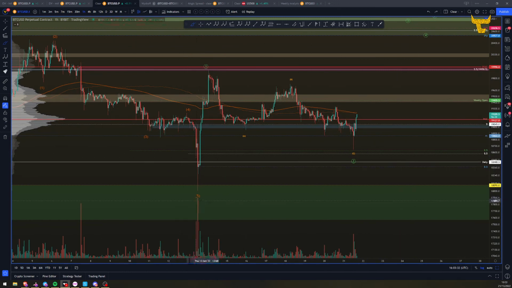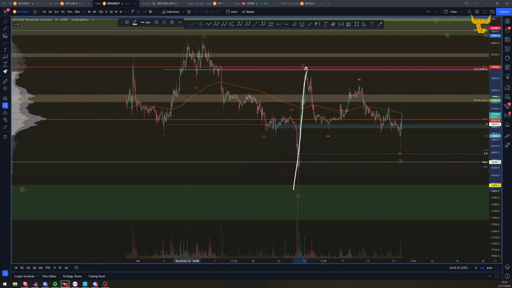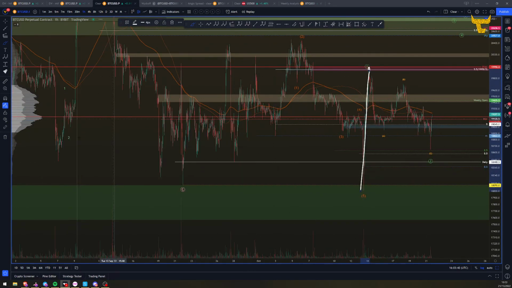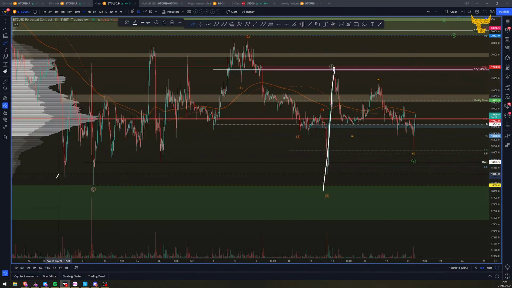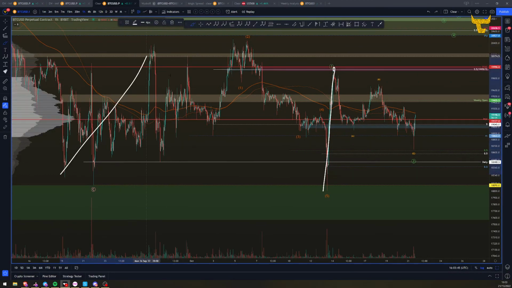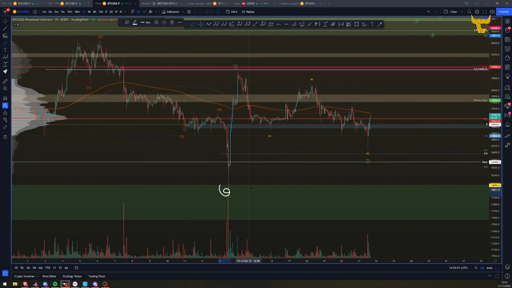But it's also very possible that this is the end of a larger corrective structure here, with, I don't know, A, B, C, right? Which would mean this low is not going to hold. So again, it makes sense to have weird price action like this. Weird in the sense that we don't have clear completion here, and a very fast, strong reaction to then go take the low.